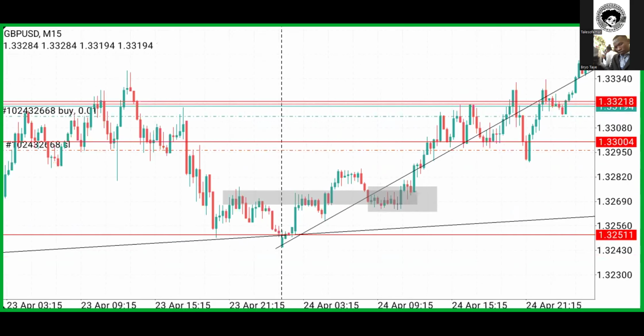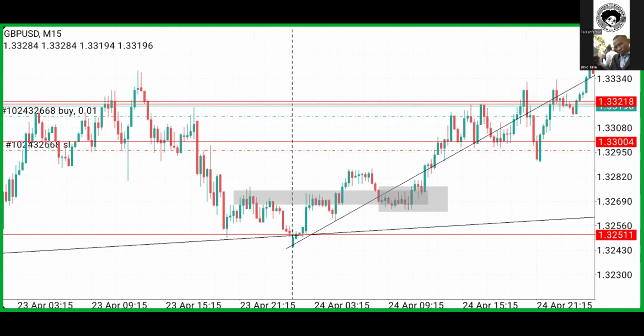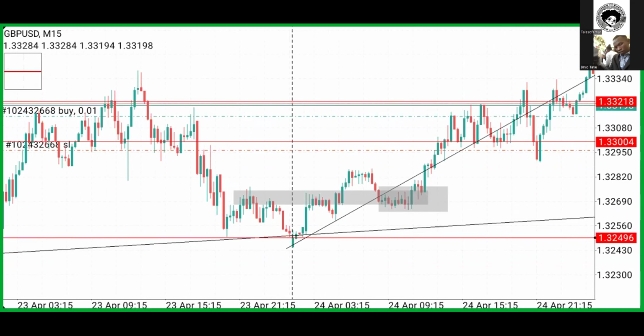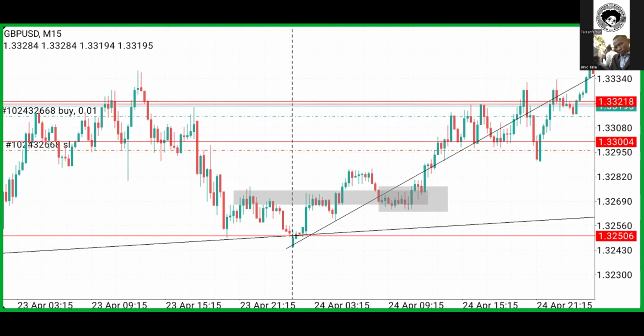And what else did you consider? I considered a third trend line touch, then support and resistance, because the round number, the psychological level, was down and was tested, as you can see here. Where did you get the trend line touch?